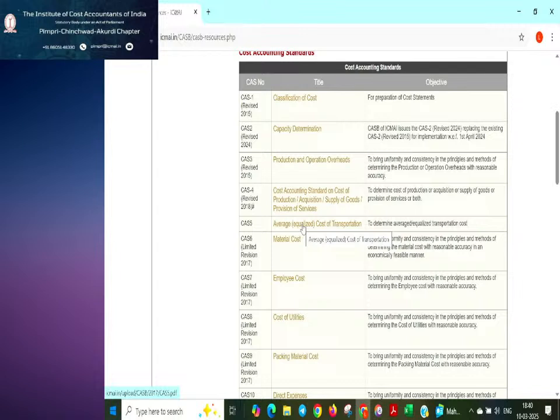So far we have done cost accounting standard 1, classification of cost, and capacity determination, and we have also done problems on that. Today we are going to see what production and operation overheads are, and maximum questions actually come from material cost and employee cost, which is very important.